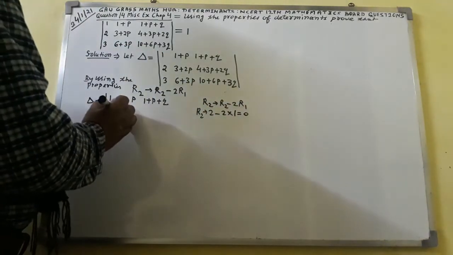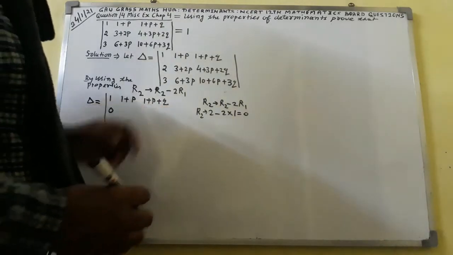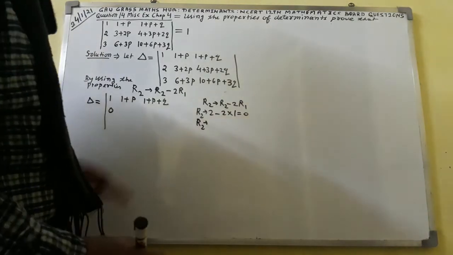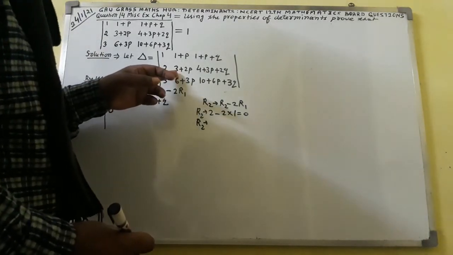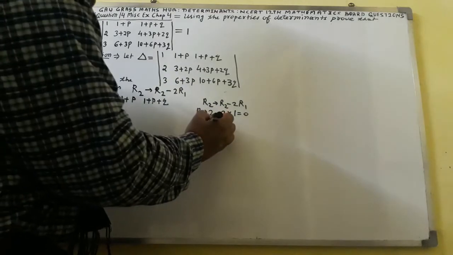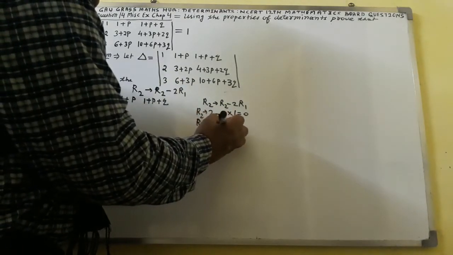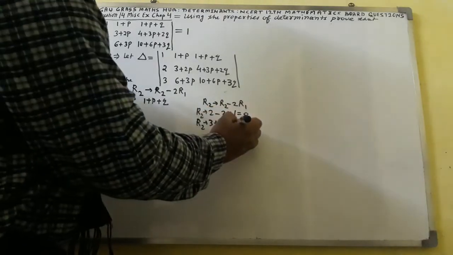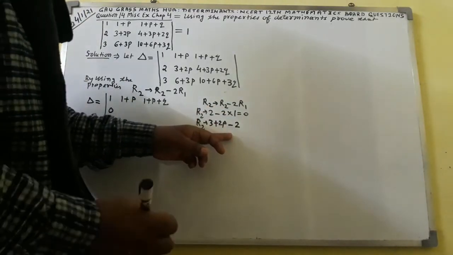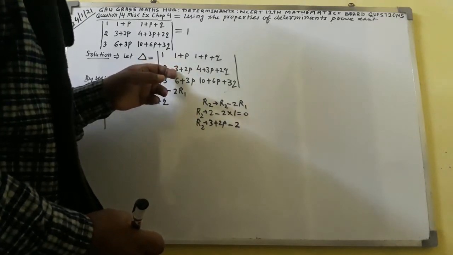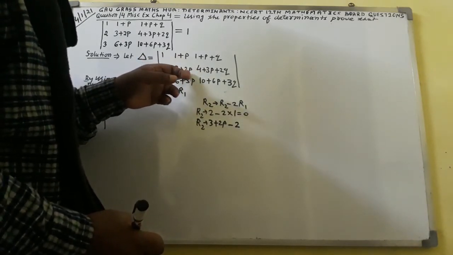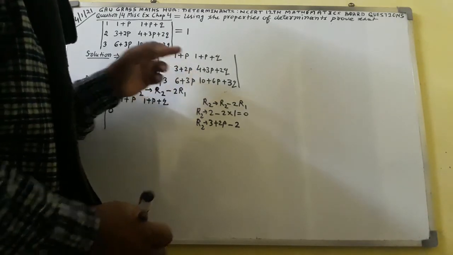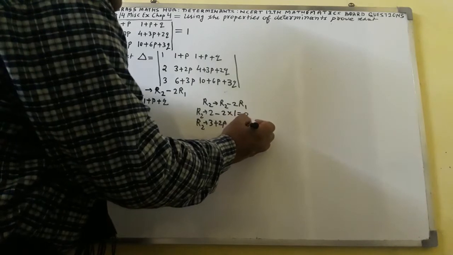So here comes out to be 0. Now if I take the element of R2 as 3 plus 2p, then 3 plus 2p minus 2 times R1, and the corresponding element in the first row will be 1 plus p.